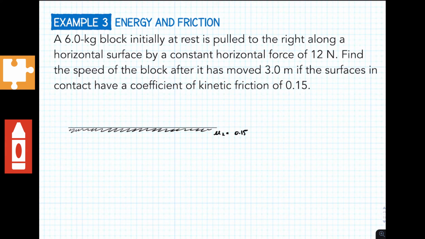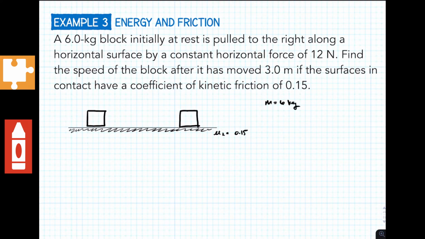We have a 6 kilogram block, initially at rest, and we know it moves over here. So, mass 6 kilograms.